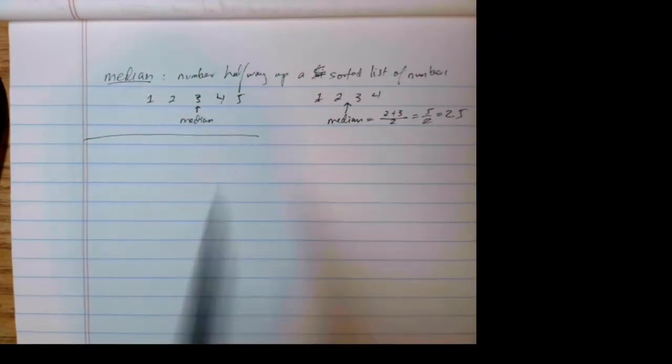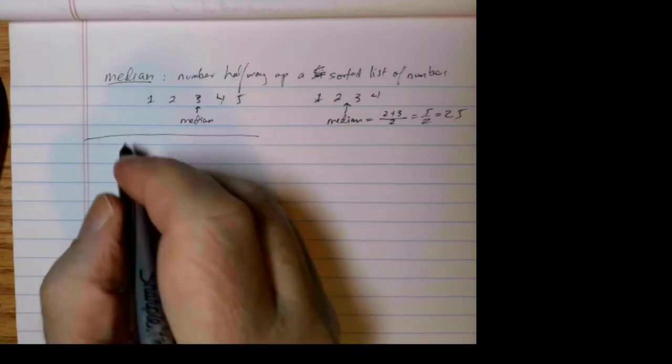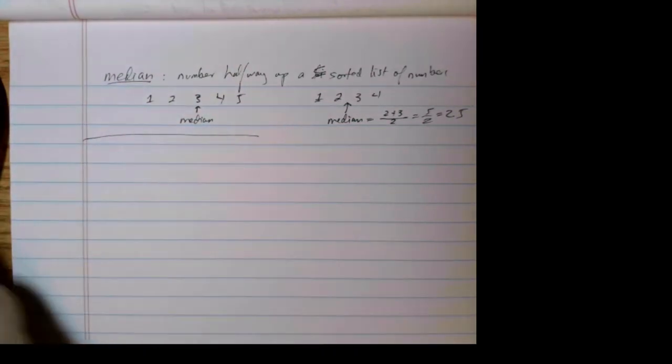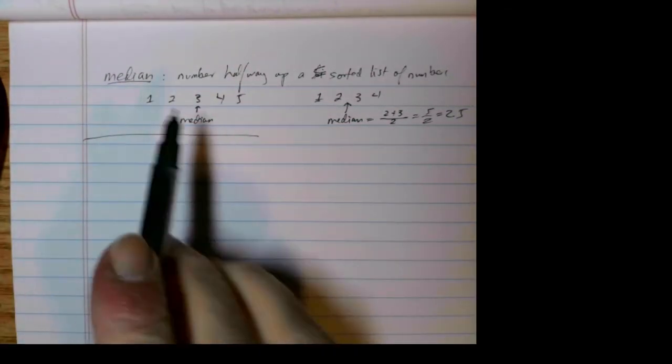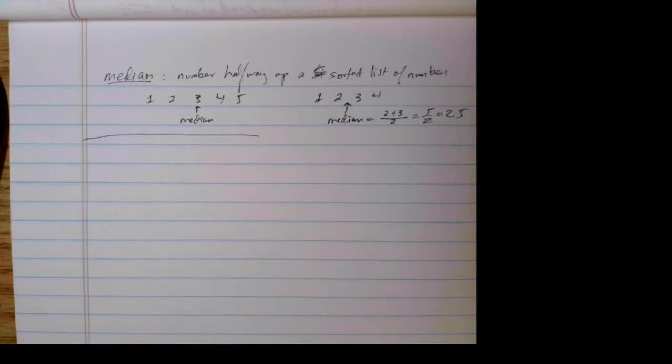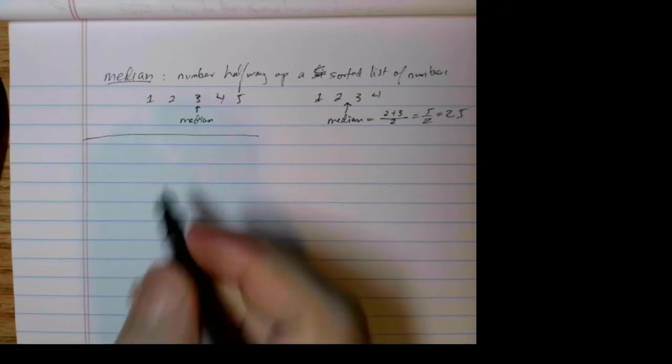When you have to find medians by hand, which you'll only have to do a few times in this class, you need to know where the middle of a list is. It's pretty easy with a list of 4 or 5 things, but you'd really like to have a more general idea for longer lists.